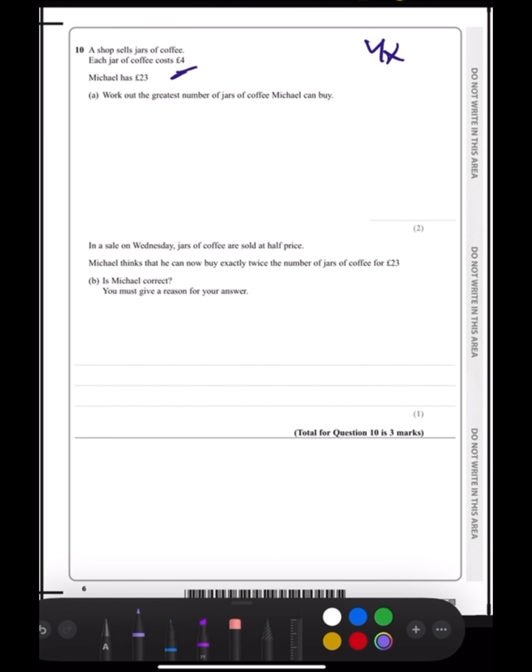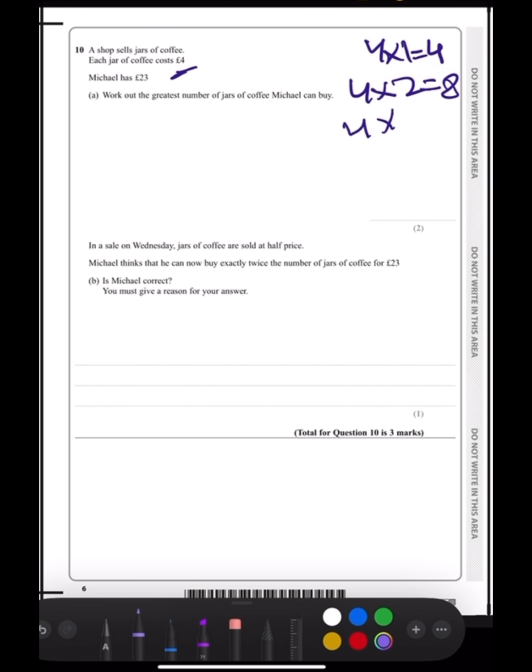We do 4 into 1, 4. You can only buy 1 cup, like 1 jar of coffee, I mean. Then we do 4 into 2. Then we know we can buy 8.